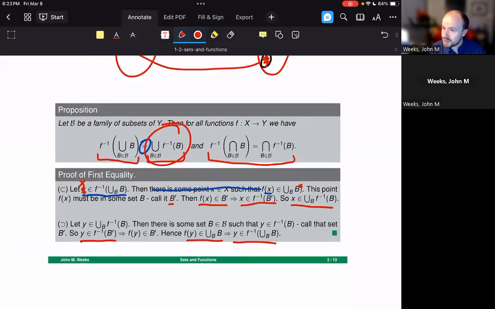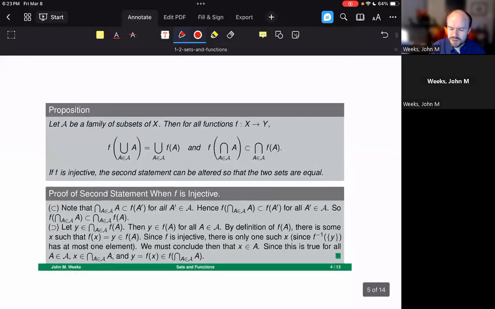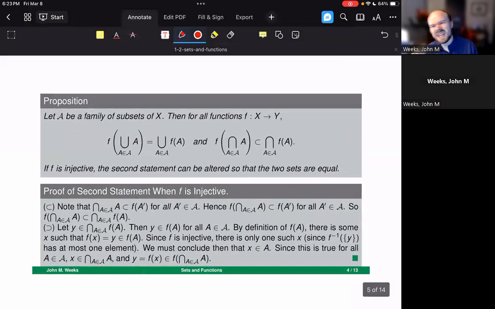Now, this is with inverse images, and you might think that images, the ones without F inverse, just with the function F, are a little bit easier to deal with. But the truth is that they're actually a little less wieldy. They're a little more unwieldy. So here, for example, I get a very similar statement in this proposition as I did up in the previous one, but you might notice a few small changes.